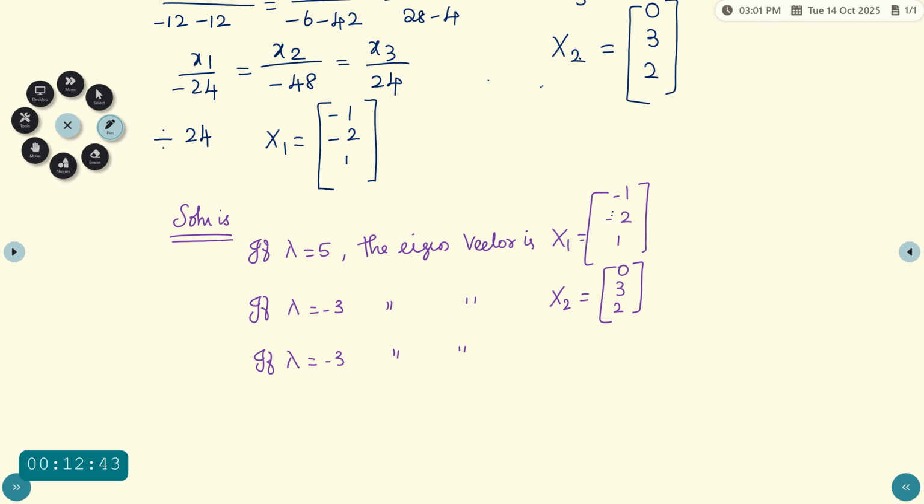Next, the eigenvector is capital X3 equal to 3, 0, 1. This is the answer.